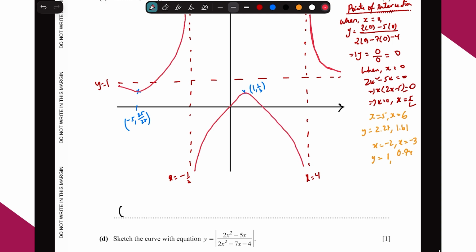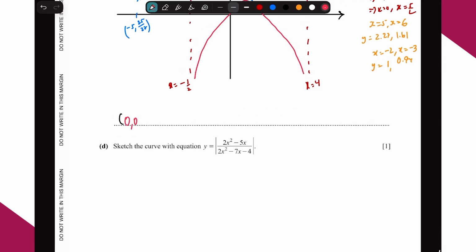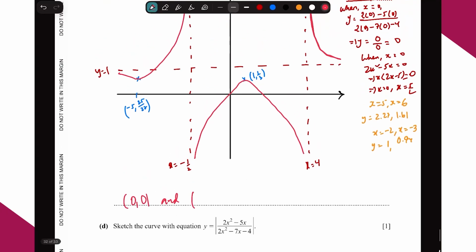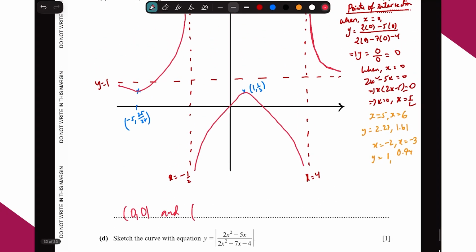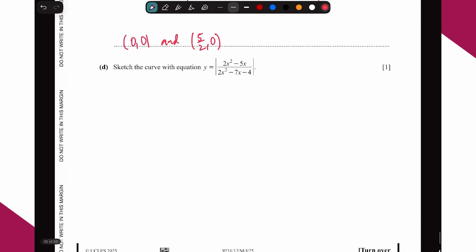All right, just accept my drawing with an iPad for now. So we've got 0, 0. That's one of them. And when it's 5 by 2, y is 0. So these are going to be my 2 turning points.